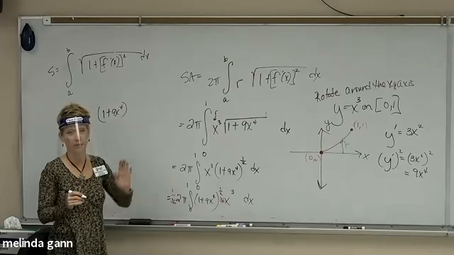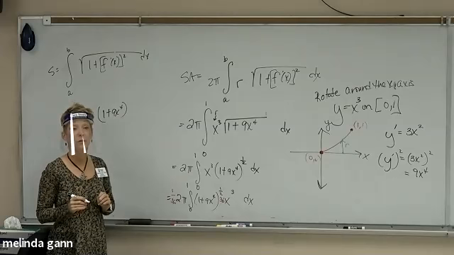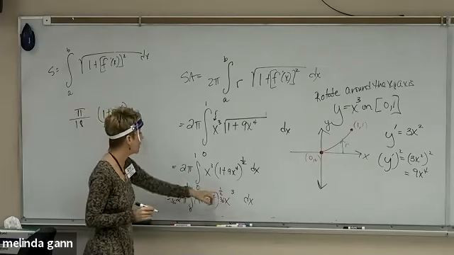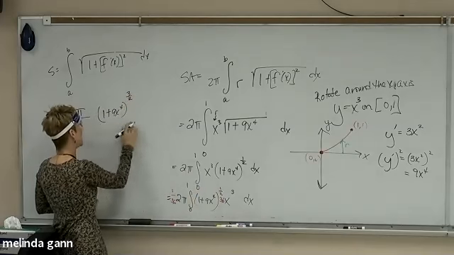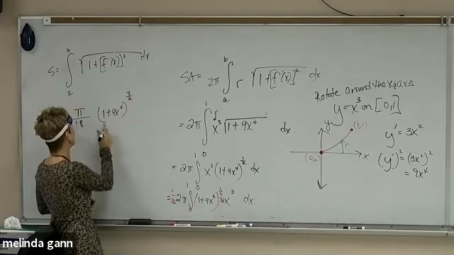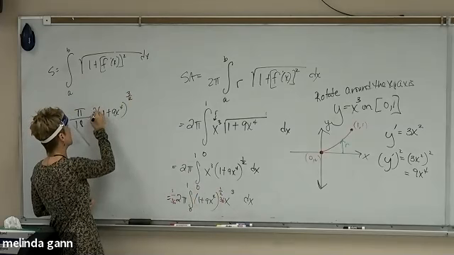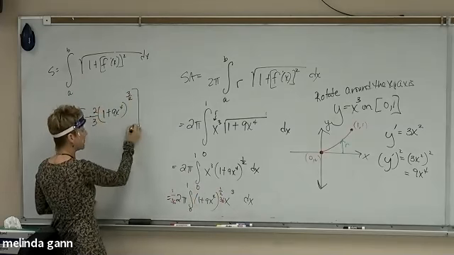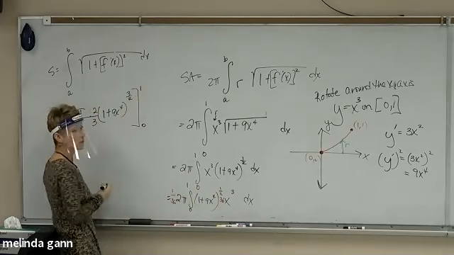When you're integrating, what happens to your power? You go up or down? Up by how much? 1. So when I add 1 to 1/2, what am I going to get? 3/2. Now I've got to divide by that 3/2. That's the same thing as multiplying by 2/3. And again, I'm running from 0 to 1.